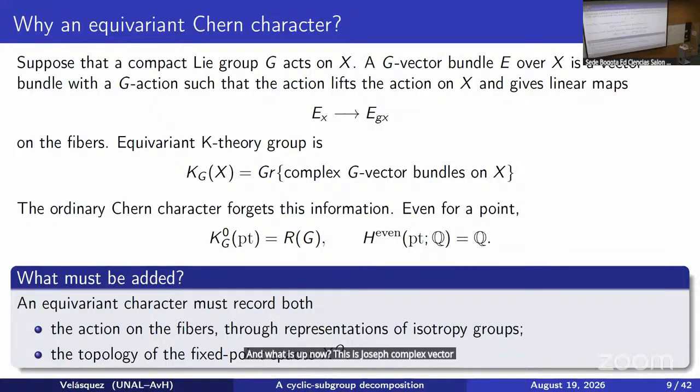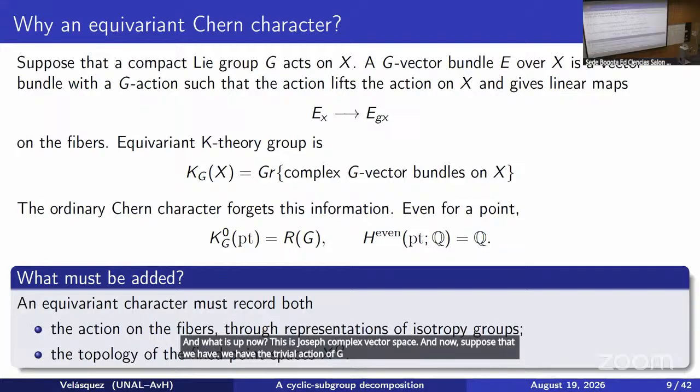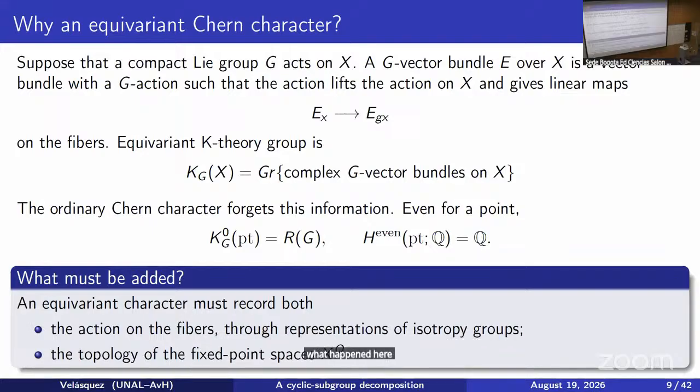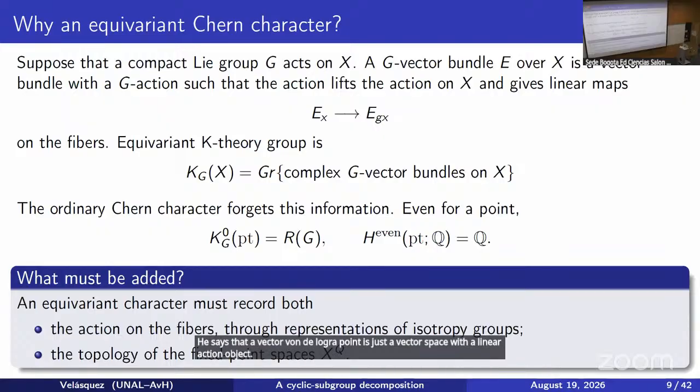And now suppose that we have the trivial action of G. What happens here? How does G act on the fiber? By the condition of the linearity of the action on the fibers, a vector bundle over a point is just a vector space with a linear action of G. It is a representation of the group.